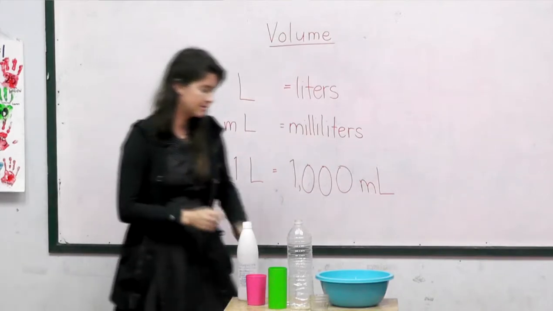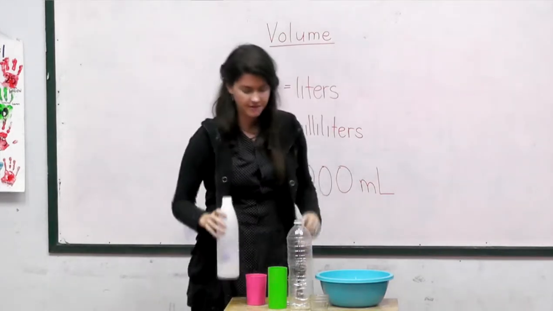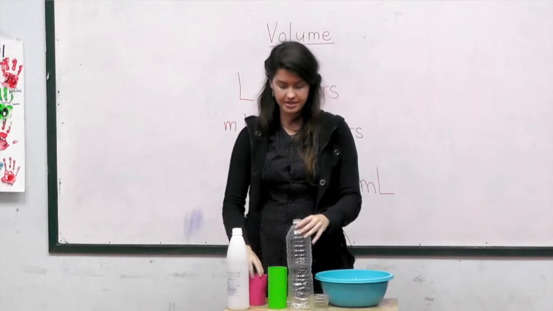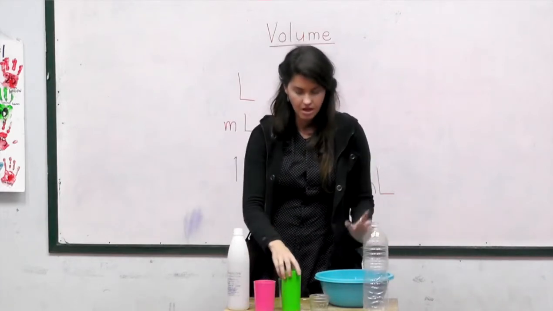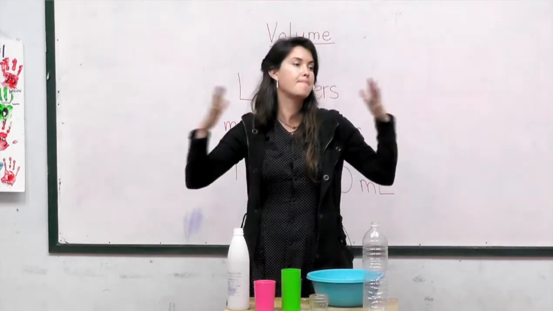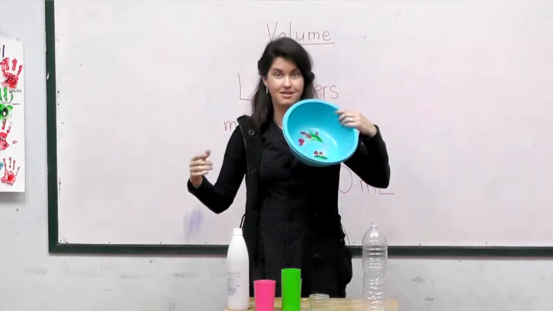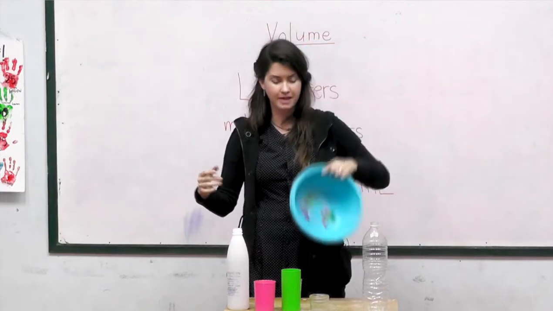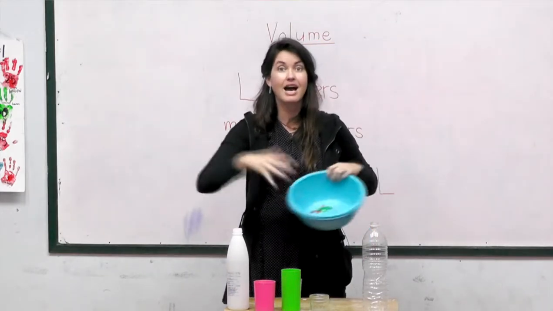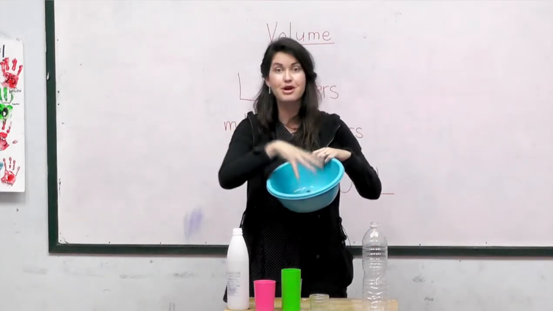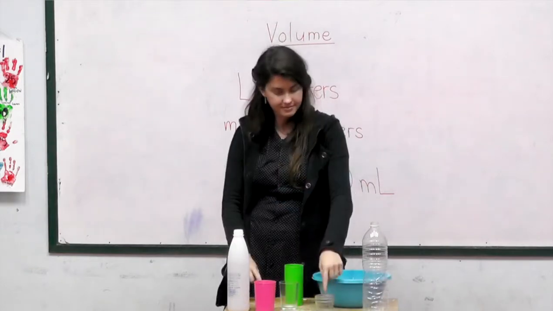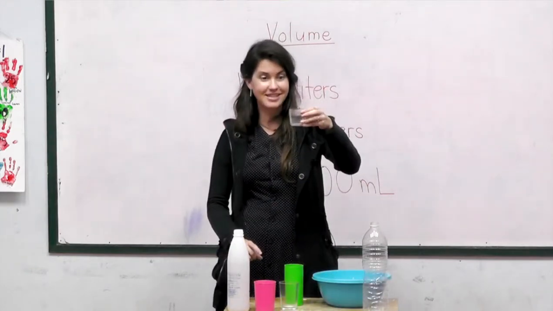Very nice, friends. So if you look at all of these different containers, what container do you think has the biggest volume? Yeah, probably your blue bowl, right? It's got the highest volume. It can fit the most things inside. This little tiny one? Good, friends.